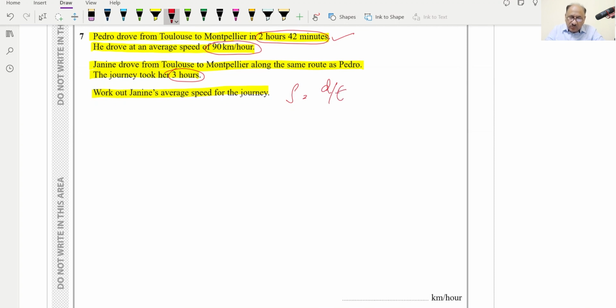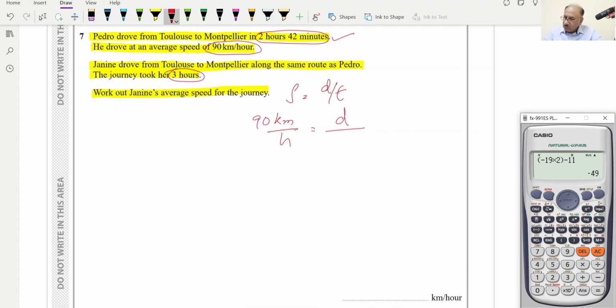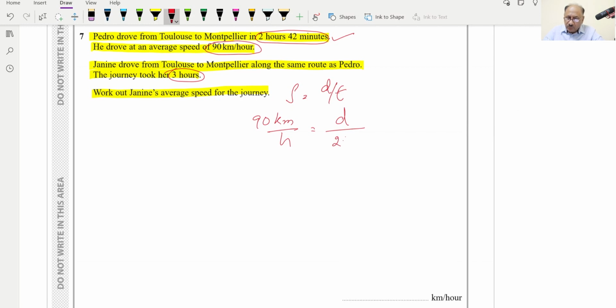Speed is given as 90 kilometers per hour, and distance we need to find, and the time is 2 hours and 42 minutes. So we can convert 2 hours and 42 minutes into decimal, so this will be 2.7. We have converted it by the help of a calculator, and we got 2.7.